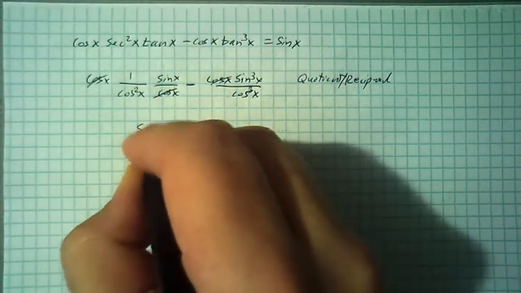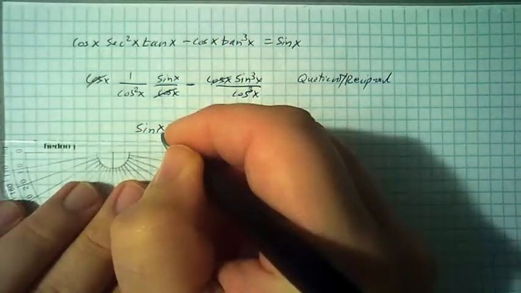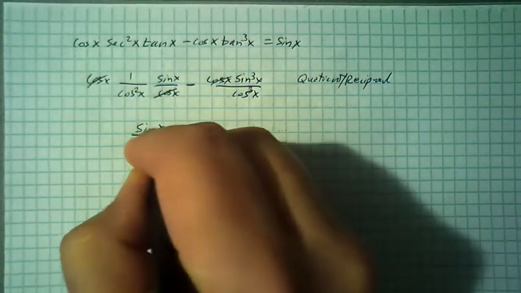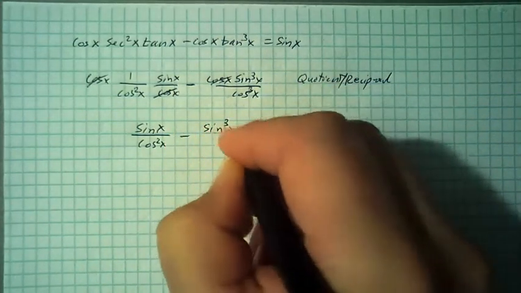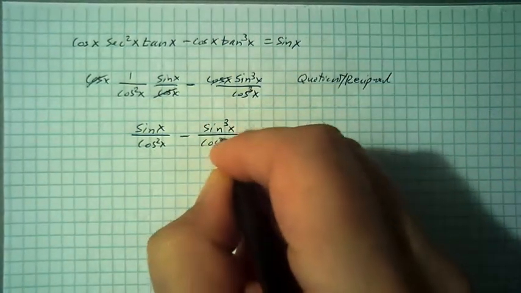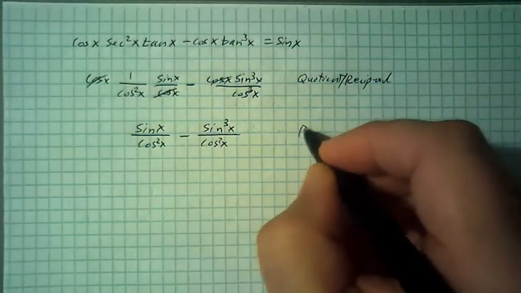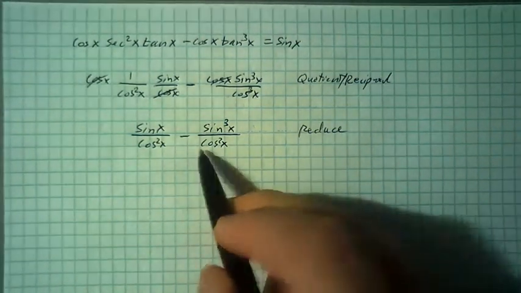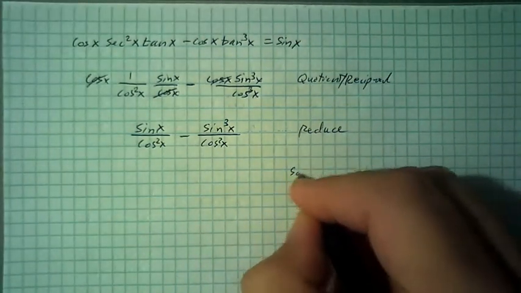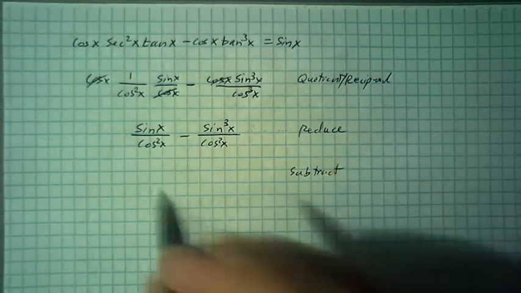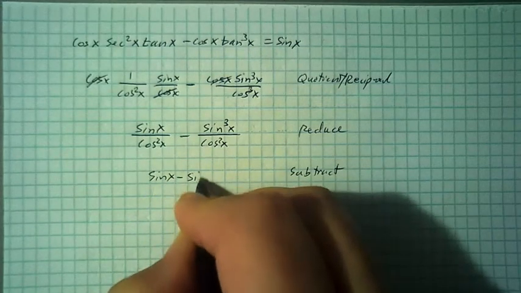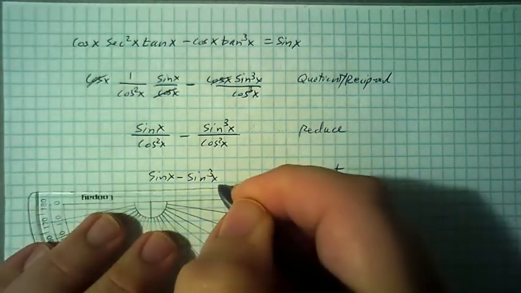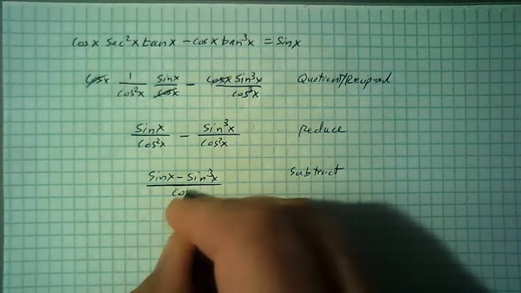So I've got sine x over cosine squared minus sine cubed x over cosine squared. That's excellent. Reduce. Now these already have a least common denominator, so I'm going to subtract, which gives me sine of x minus sine cubed of x over cosine squared of x.